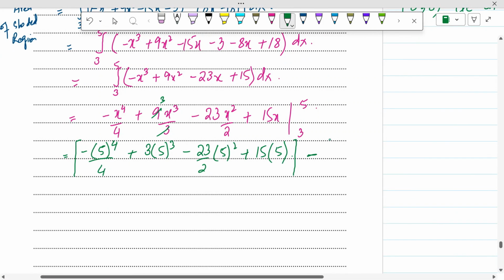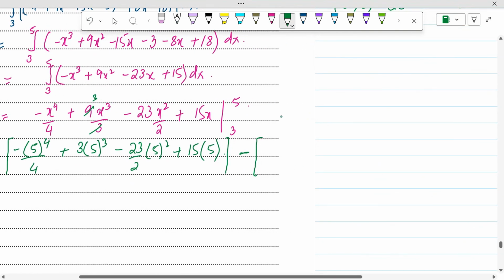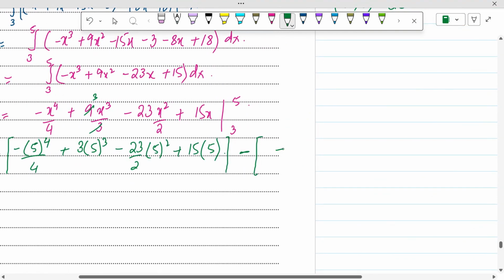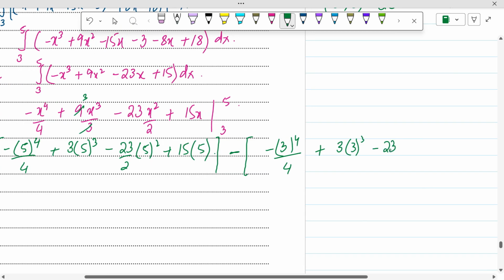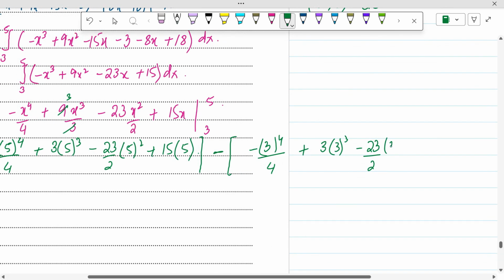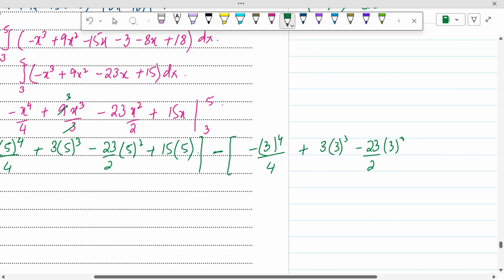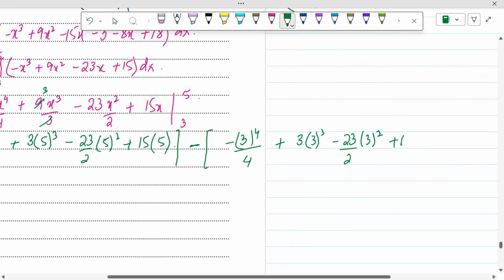Minus, apply the lower limit. So negative x to the power of 4 is minus 3 to the power of 4 over 4 plus 3 times 3 cube, minus 23 over 2 times 3 square, plus 15x, meaning 15 times 3.